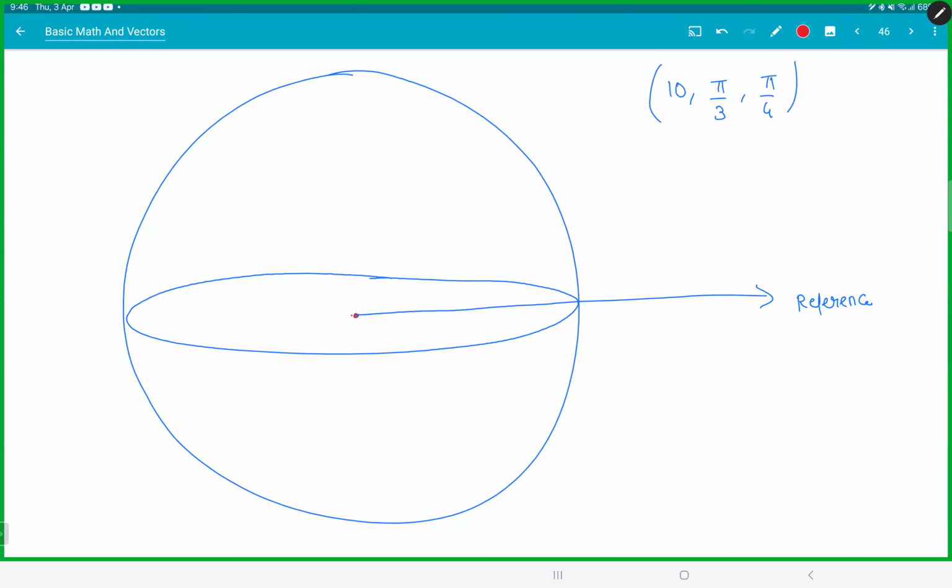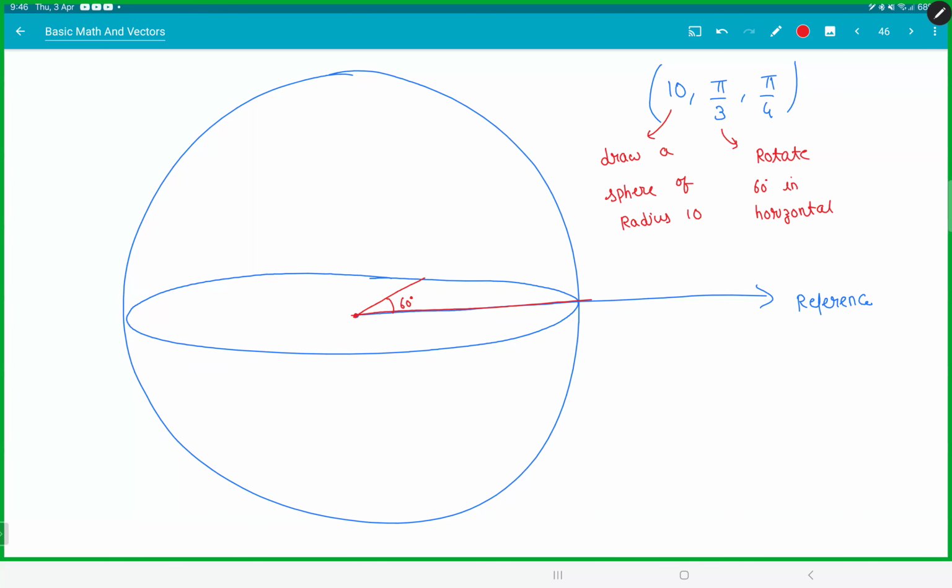From the center, you rotate an angle 60 degrees in the horizontal direction. Is that clear? This is your theta. So draw a sphere of radius 10. What is pi by 3? Rotate 60 degrees in the horizontal direction. So far clear, everyone?